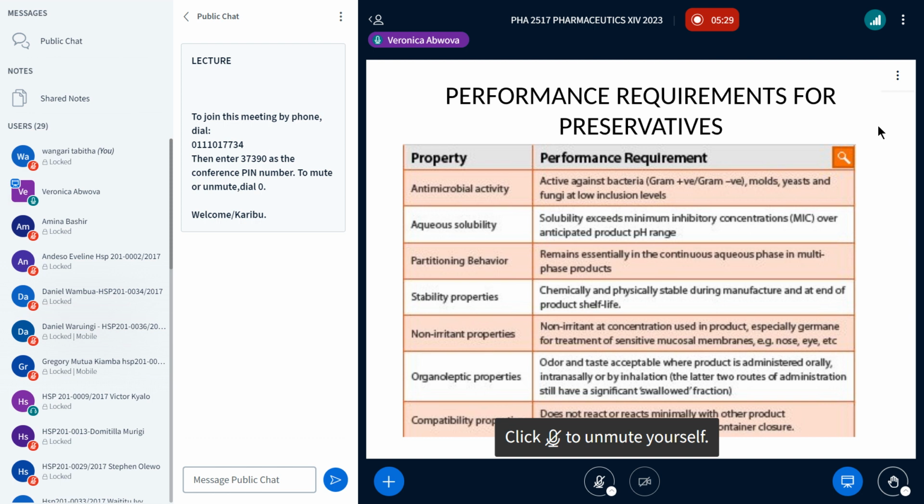Organoleptic properties, if you're going to use a preservative in the ear, or rather in the nose, okay, in the eyes, okay, in the oral cavity, these are preservatives where you want to think about organoleptic properties, okay?